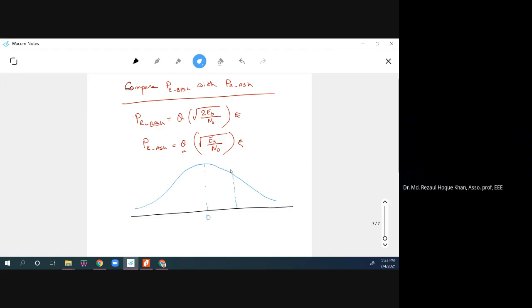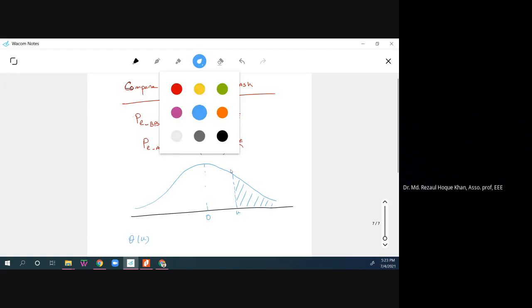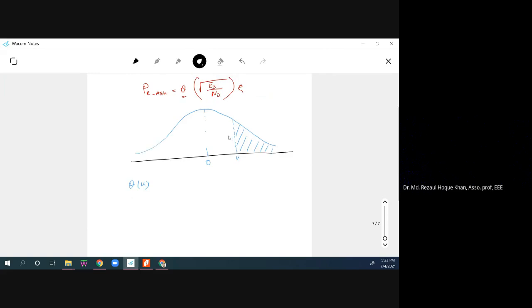For a value of u, Q(u) can be written as the integral from u to infinity of 1 over square root of 2 pi, e to the power minus t squared by 2, dt, because it's a standard Gaussian.